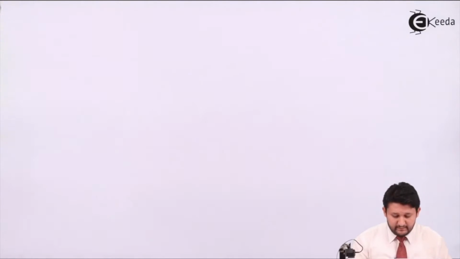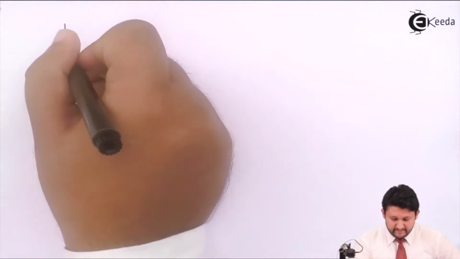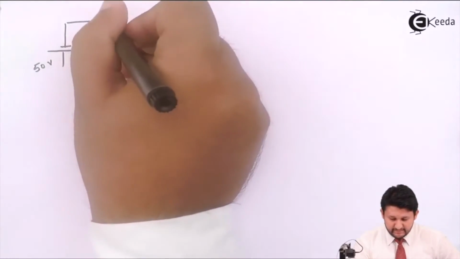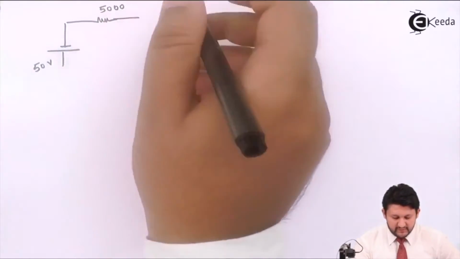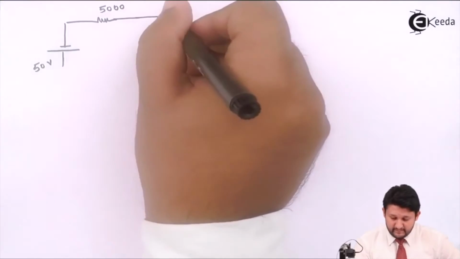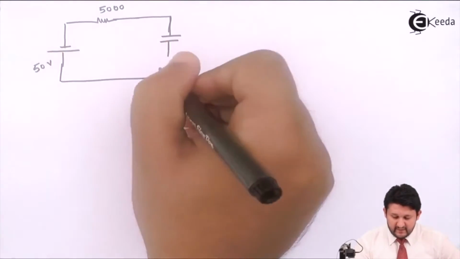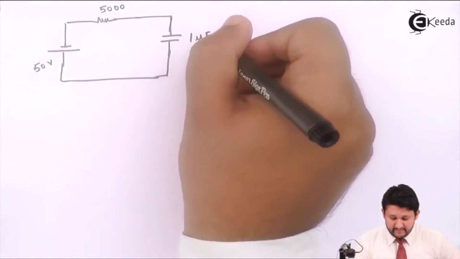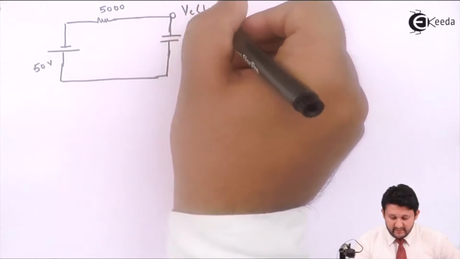My circuit in this case will be, I'll be having a voltage source 50 volts, a resistance 5000 ohms in this circuit, and a capacitor. So I need to find Vc of t, so I won't be putting the capacitor voltage over here. If I need to find Vc of t, this point will be my Vc of t.